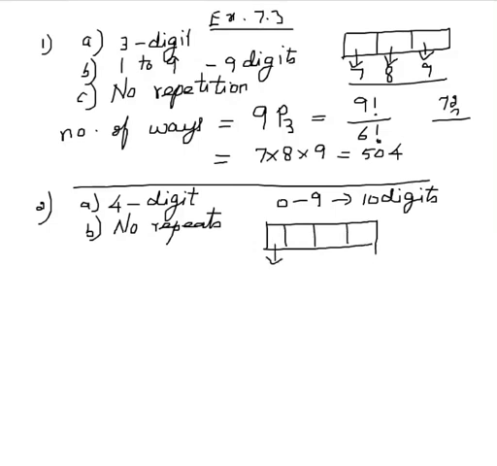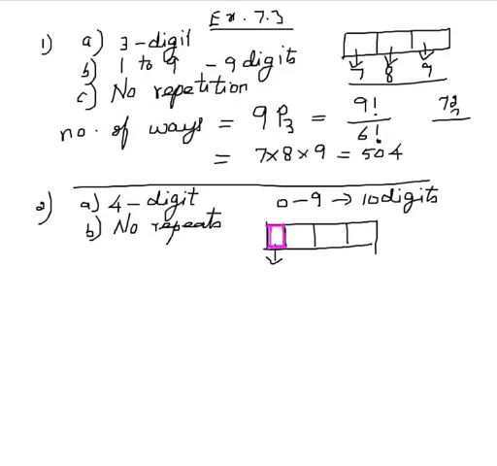Here we cannot use 0. If we use 0 in thousands place, for example 0, 2, 4, 7 say, it becomes a 3-digit number. But we have to form a 4-digit number. So we have a condition for this thousands place. We cannot use 0.